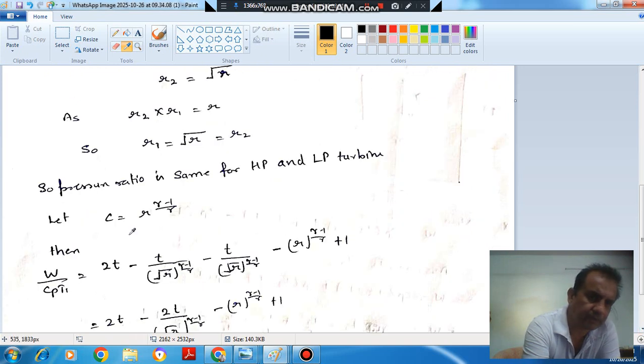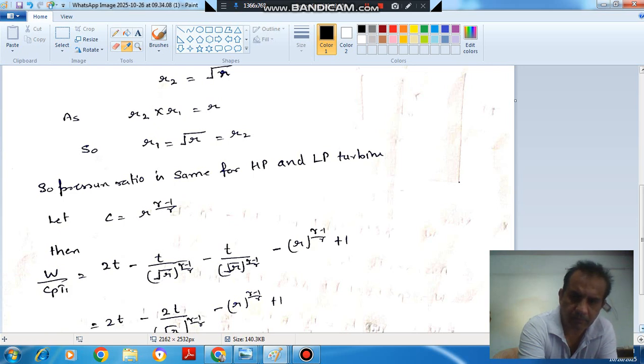So now suppose we take this complicated term R raised to the power (gamma minus 1) by gamma as C, then we can write the expression for maximum specific work output in terms of R and T, because for maximum specific work output R1 and R2 are equal to root R. Here R1 was there, here R2 was there, so now we will put them as root R. Okay.